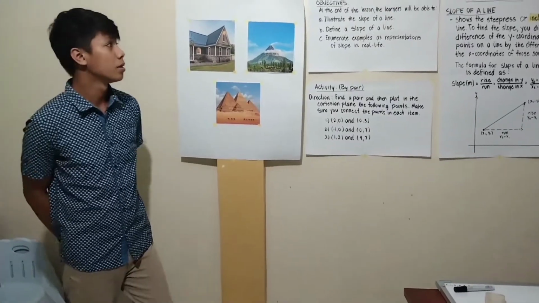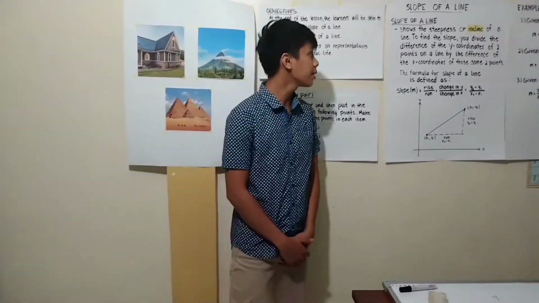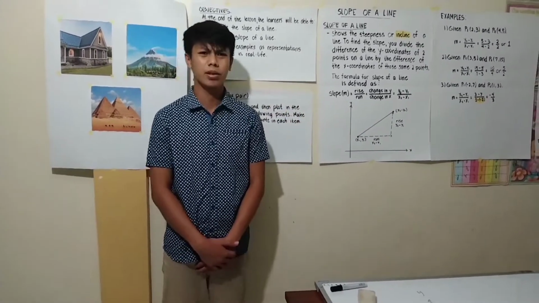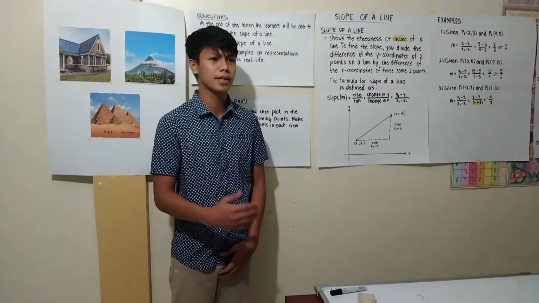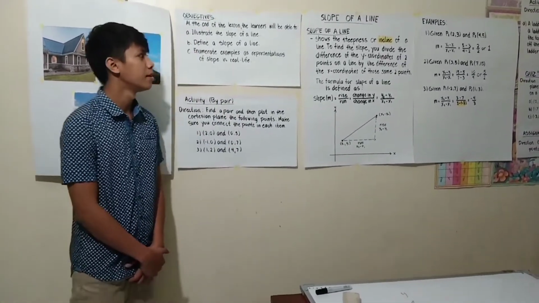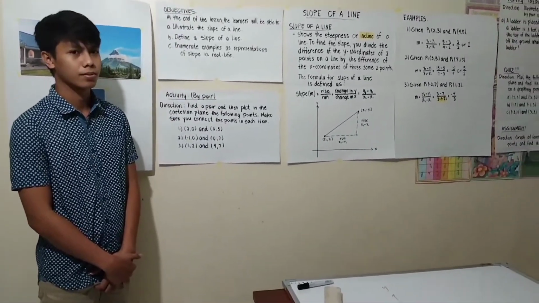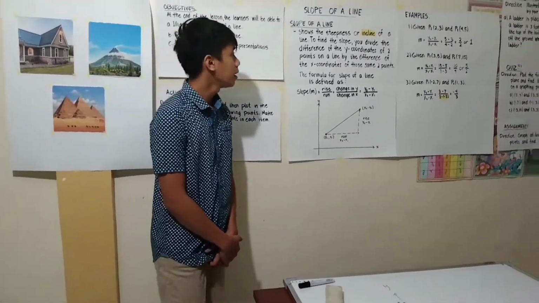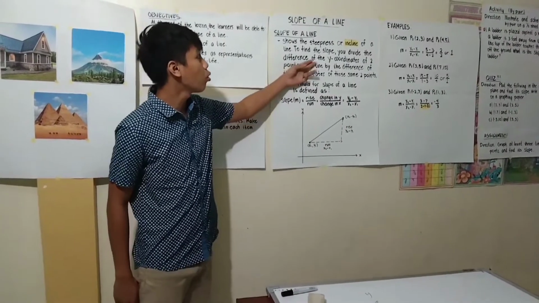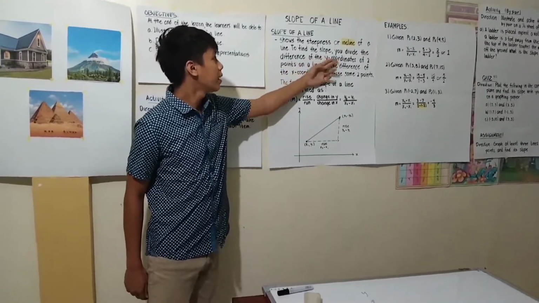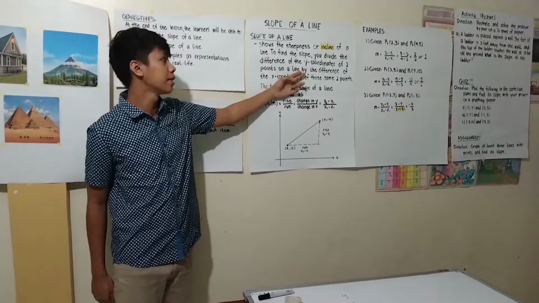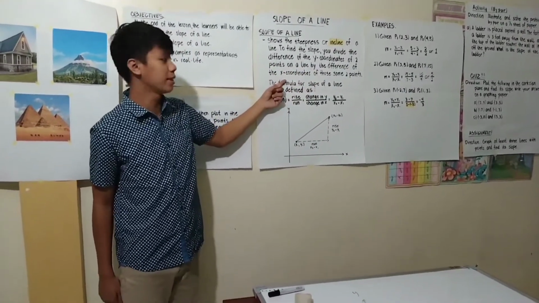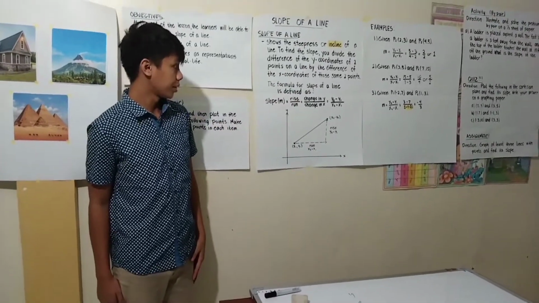Okay, very good. Now, let's proceed with our topic, the slope of a line. So what is a slope of a line? Okay, students, kindly read. Okay, very good. It is said here that to find the slope of a line, you divide the difference of y coordinates of 2 points on a line by the difference of x coordinates of those same 2 points.